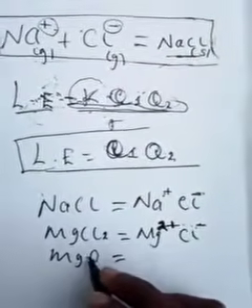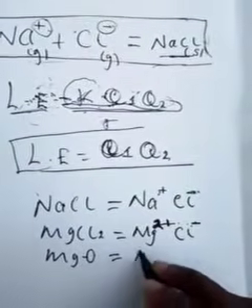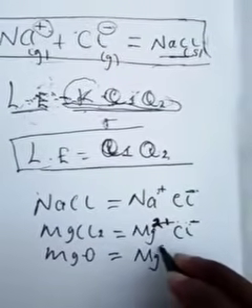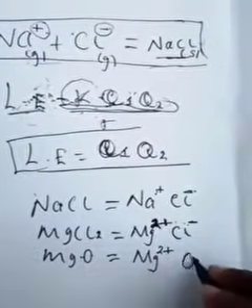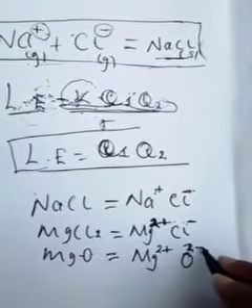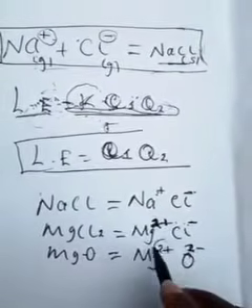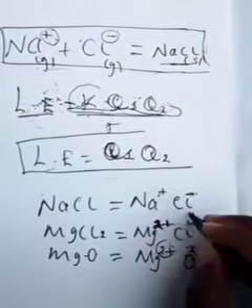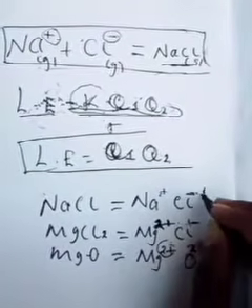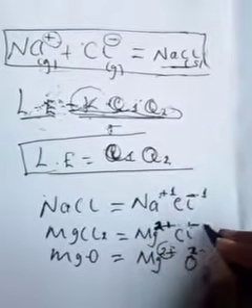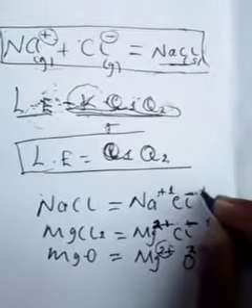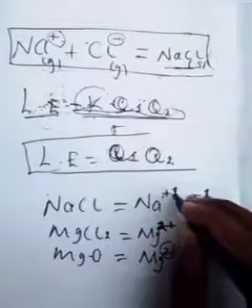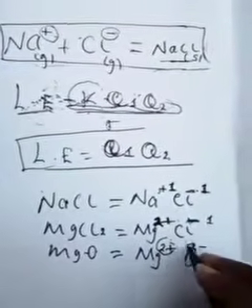And then magnesium here, and oxygen, it is having the charge of 2. So these are the charges. If I want, I can put a negative here, at least it can make sense. Here there's -1, here there's +1. These are the charges that I'll be multiplying.